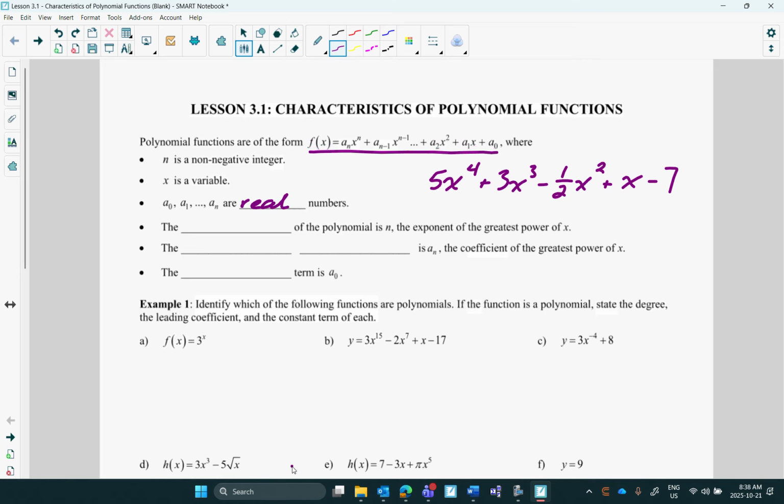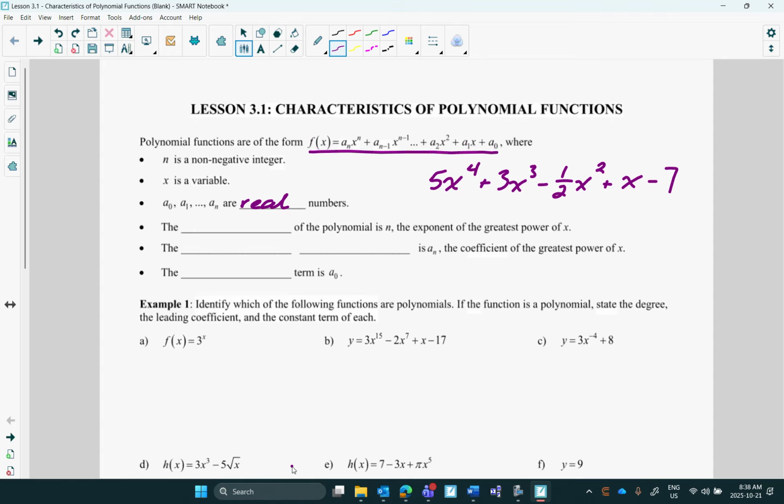What's a real number? A real number is any number that can be written as a fraction, or any number that can't be written as a fraction. So like any whole number is a real number, because you can write any whole number as a fraction, like 7 is the same as 7 over 1. Okay? They can also be negative, like negative 10 is a real number because it can be written as negative 10 over 1.